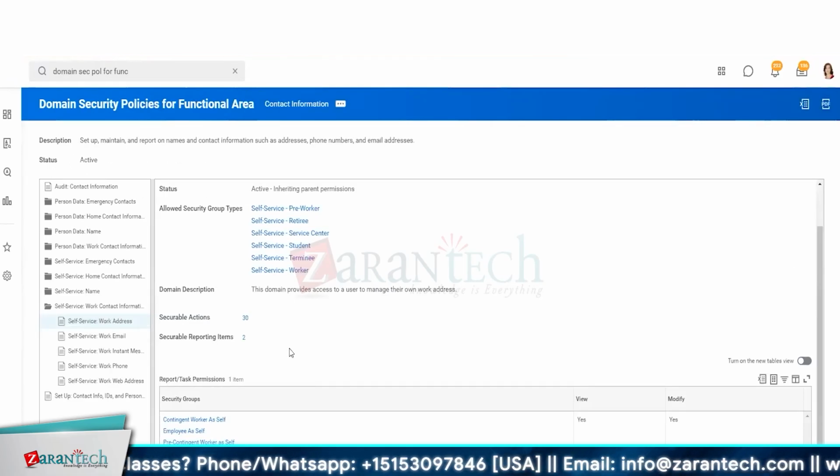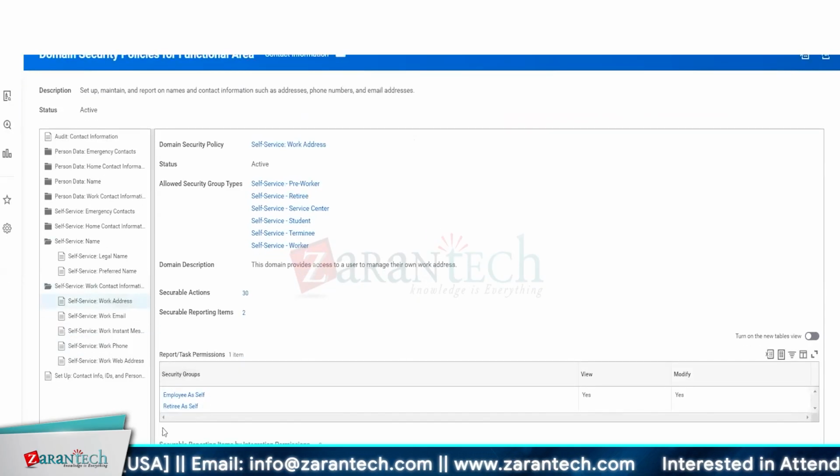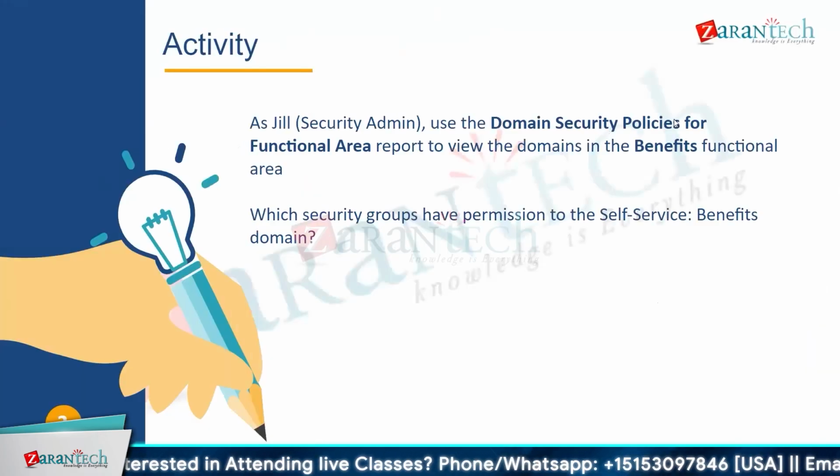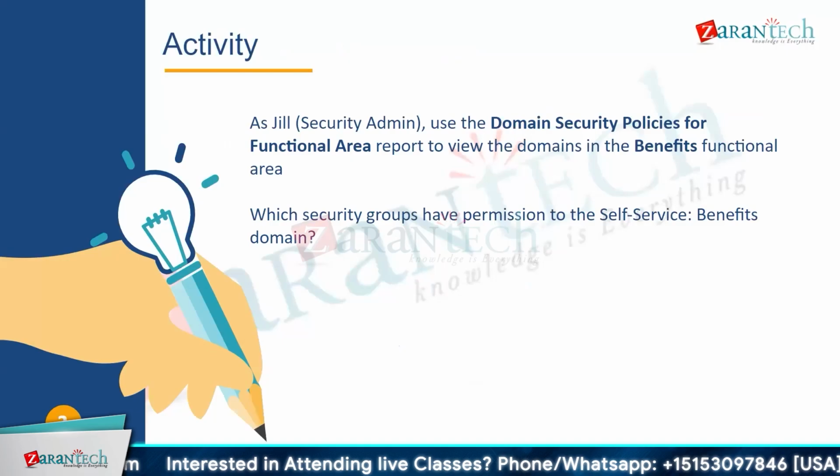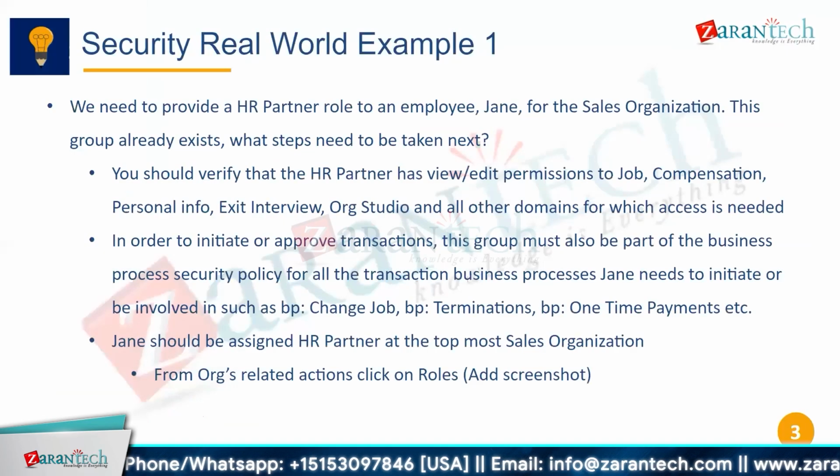Now if I refresh the policy, we will see that only 2 groups are left for the report and task permissions. For general security admin, use the domain security policy functional area report to view the domain's benefit functional areas and which security groups have permission to the self-service benefits. So there are a few activities and examples. I would like you to do the activities after the session. Let's look at the examples.